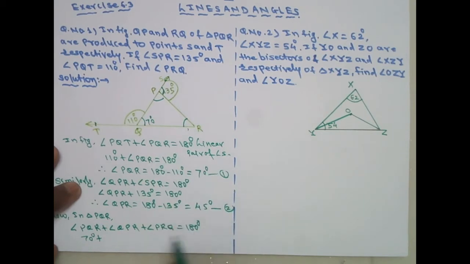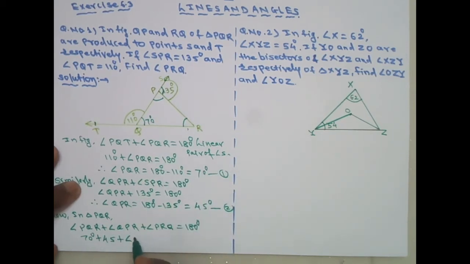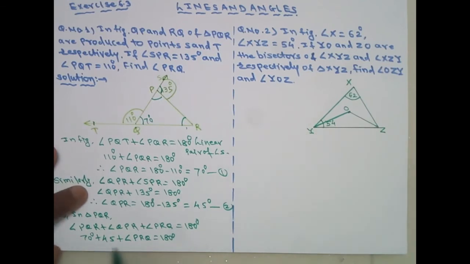QPR is 45 degree plus angle PRQ, that is equals to 180 degree. Therefore, this 70 plus 45, that is 115 plus angle PRQ equals to 180 degree.